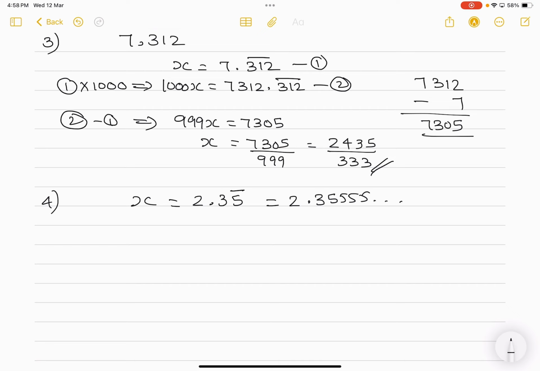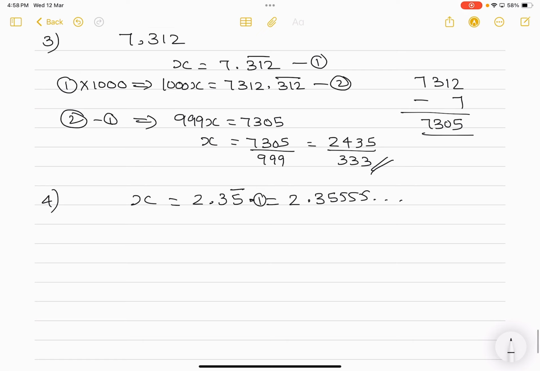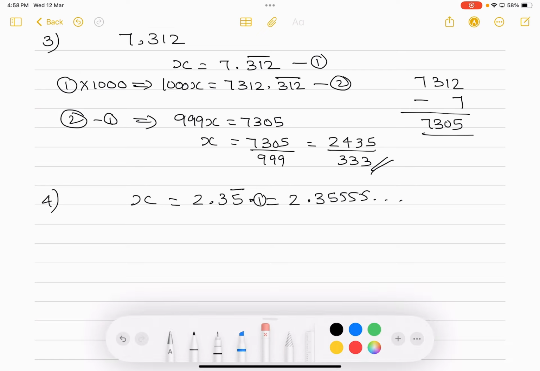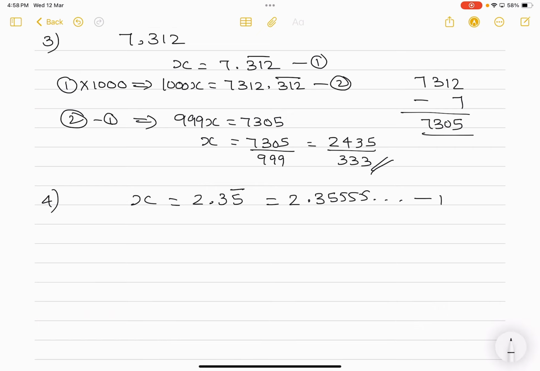So the bar should be right after the decimal point, like that you have to make it so you can easily subtract. The first equation has mixed values, the bar and non-bar values, so you can't use that for your calculation. So now first I am moving that normal number to this side by multiplying by 10. It will become 23.5 bar.